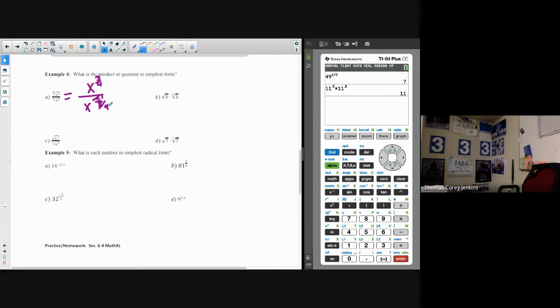And now I'm just going to apply my properties of exponents, right? Which says when I divide powers with the same base, I subtract their exponents. So that's equal to x to the 3/4 minus 1/4. Which is equal to x to the 2/4 or x to the 1/2.